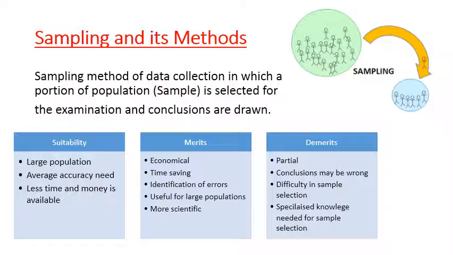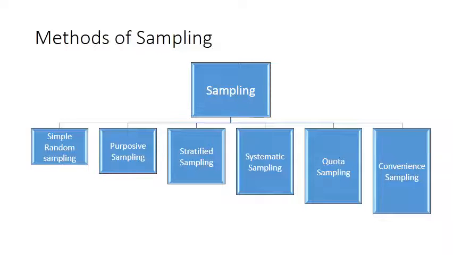Conclusions may be wrong, because when it is partial information, there is a possibility of wrong conclusions and wrong results. Difficulty in sample selection, and specialized knowledge is needed for sample selection. These are the demerits.